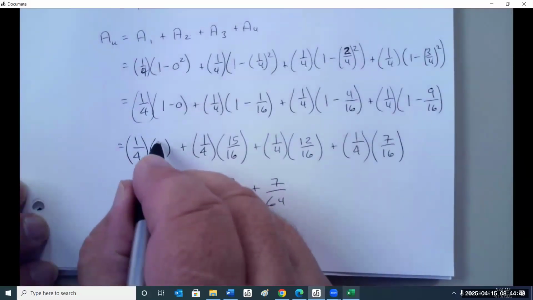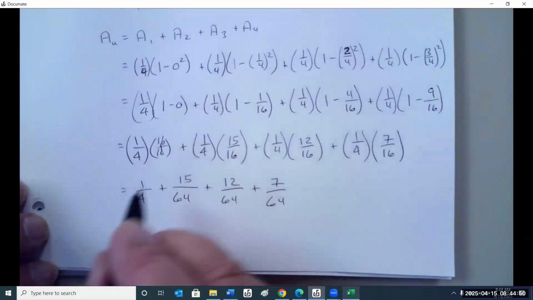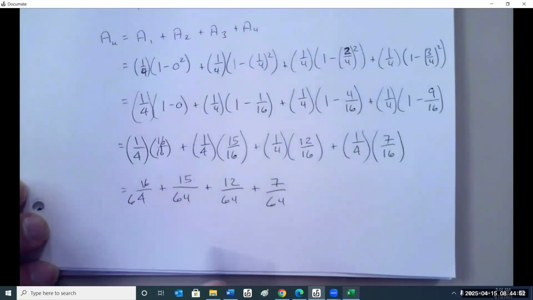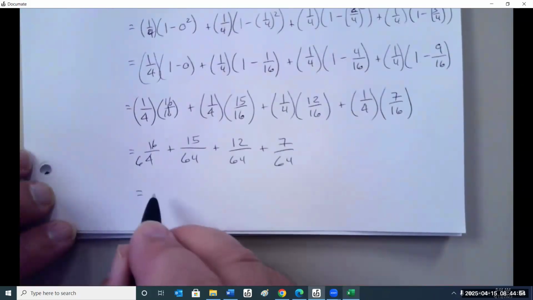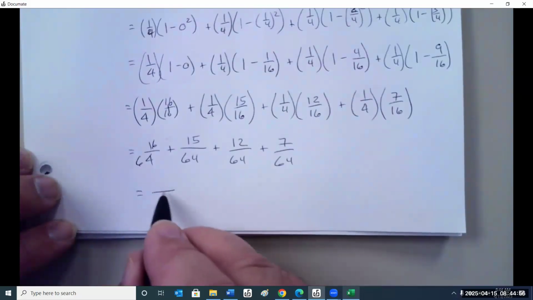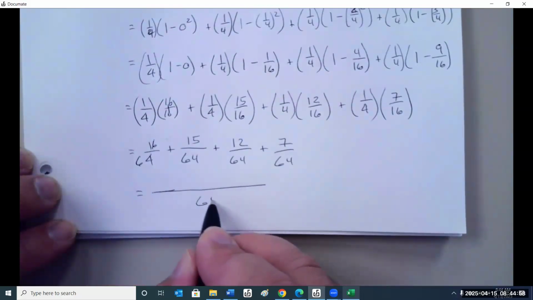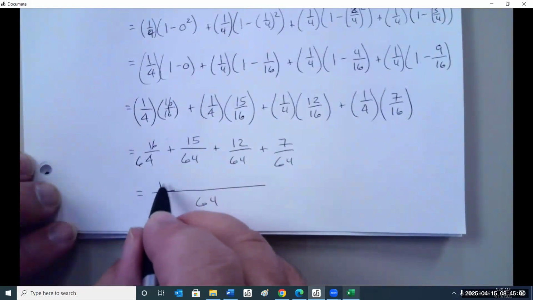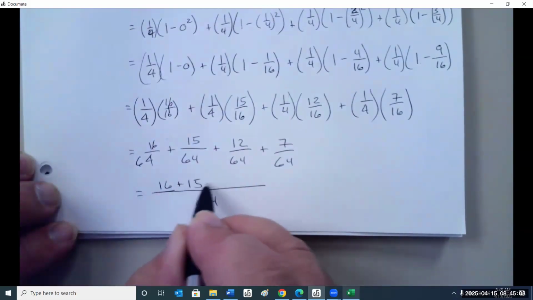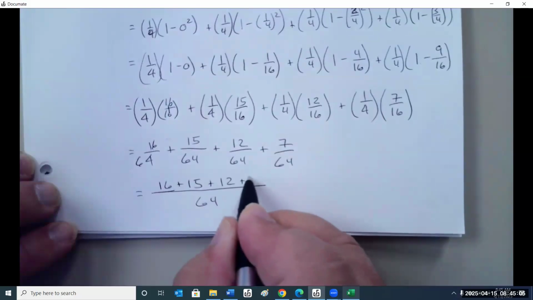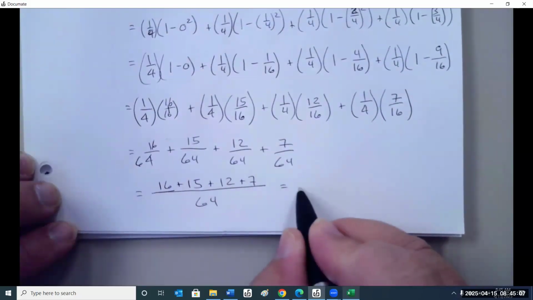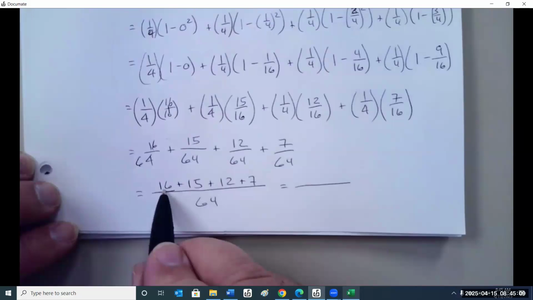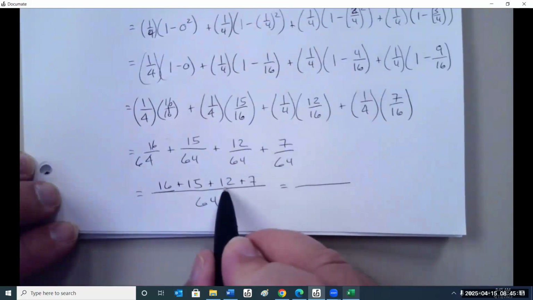So 1 is the same thing as 16/16, so it's 16/64 in the first one. We have 16 plus 15 plus 12 plus 7, which is 50 over 64.